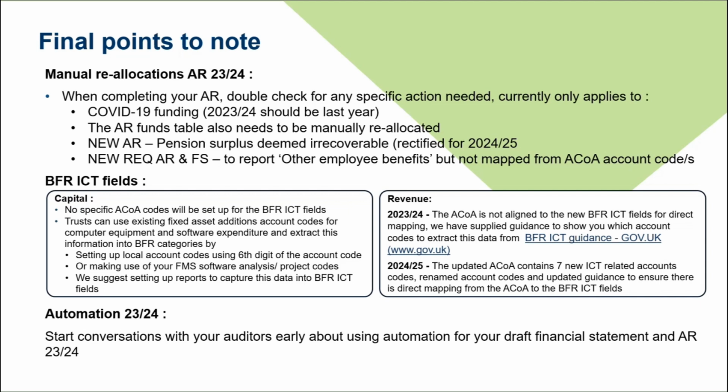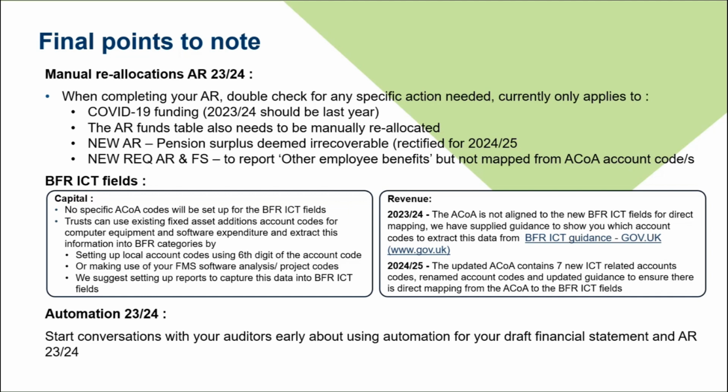Also, we feel it's probably more minor expenditure. There are already account codes there for IT spend. It's just not broken down in the way that you'd need it for the BFR ICT field. So we have put some suggestions on there about how you might work around that.